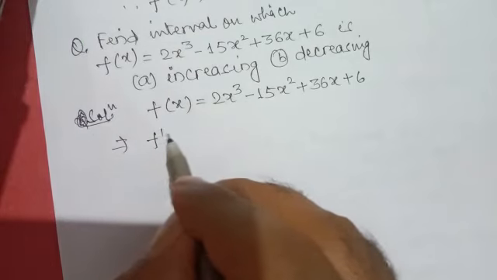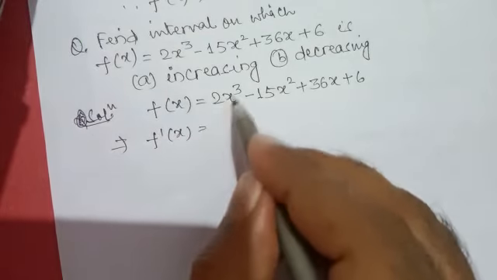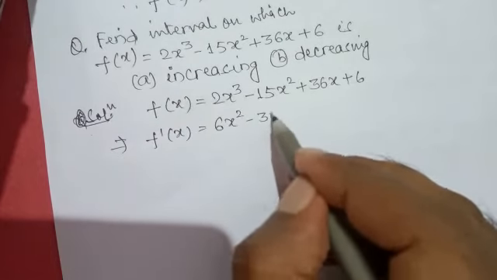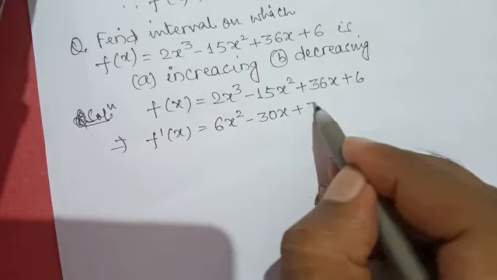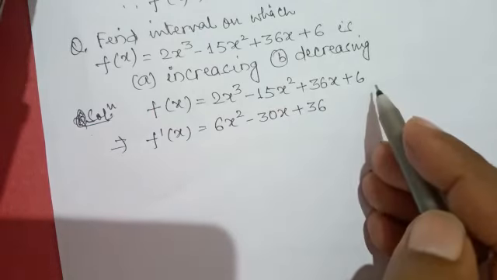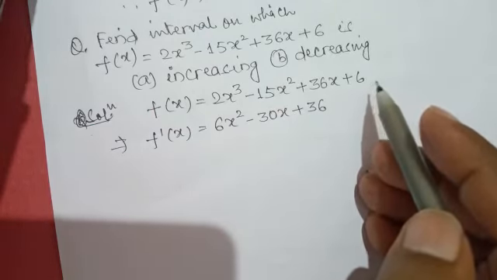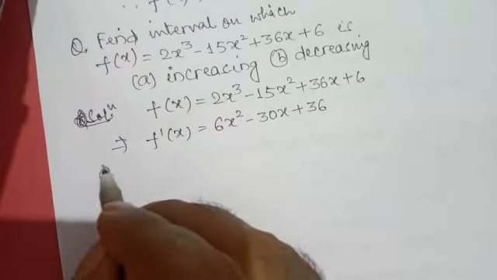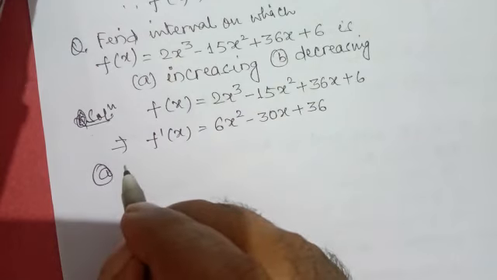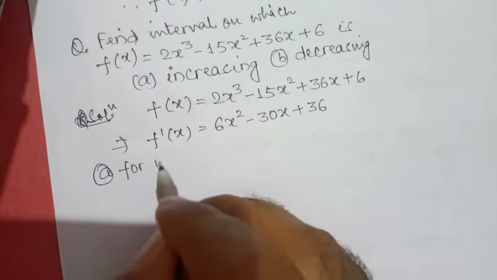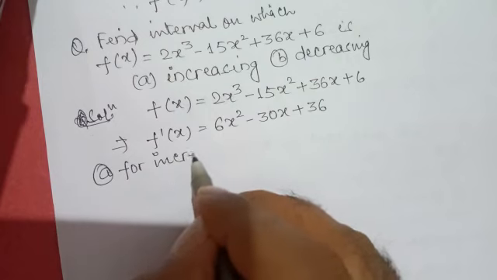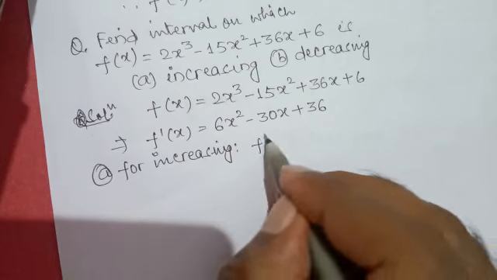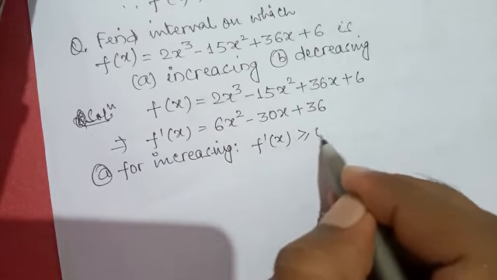So f'(x) will be 3 into 2, 6x square minus 30x plus 36. 6 is constant, so its differentiation will be 0. Now come on to A. A means for increasing. For increasing, f'(x) should be greater than or equal to 0.